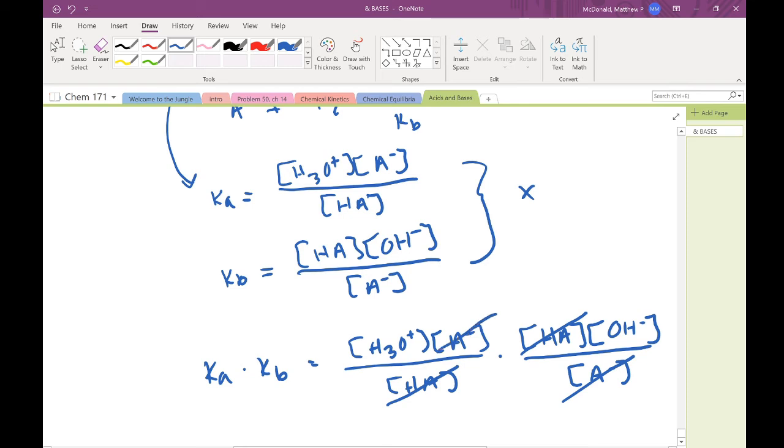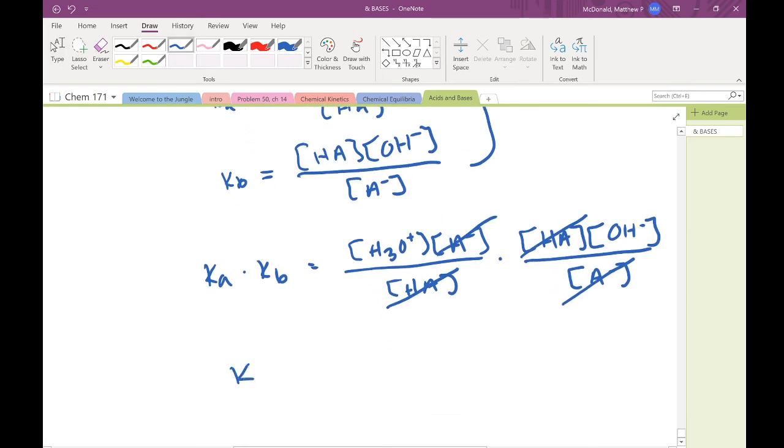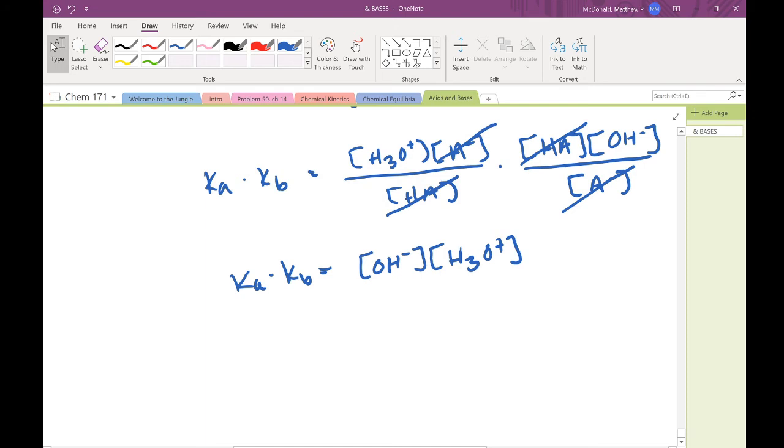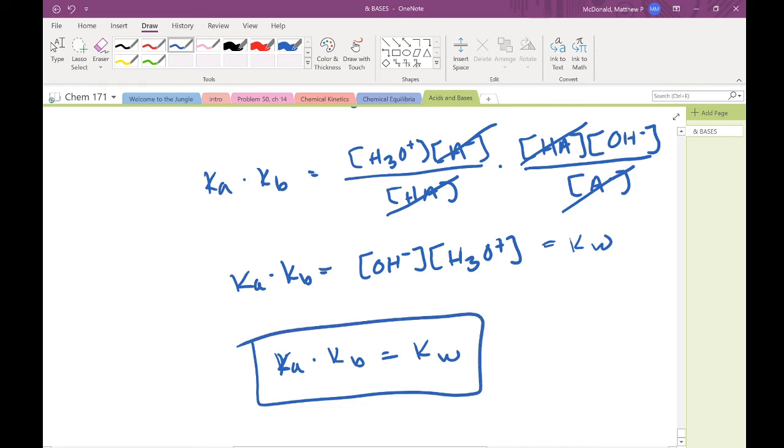A minus cancels, and we are left with OH minus times H3O plus. This is equal to Kw. So we found a very interesting relationship here. Ka times Kb for a conjugate acid-base pair is equal to Kw. Okay, that means that if we know the Ka for an acid, we can know the Kb of the conjugate base.